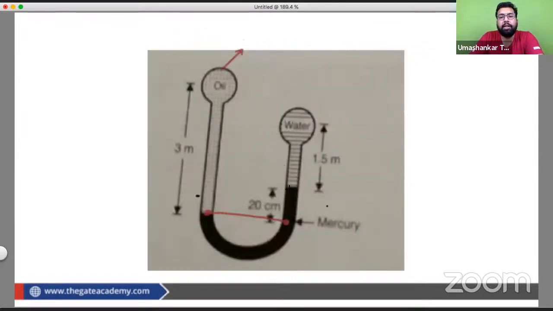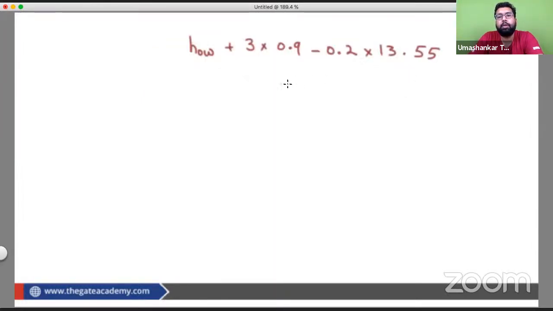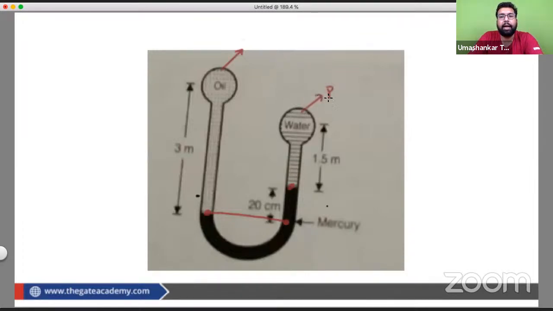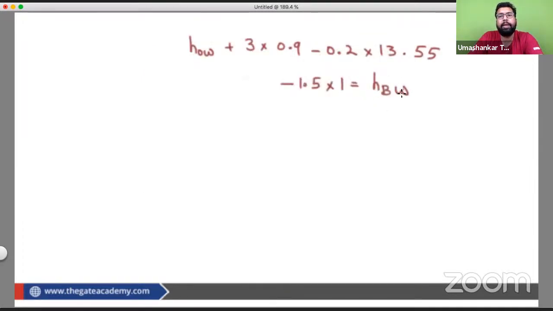Okay, so we reach this point. Now we are moving upwards in water by a distance of 1.5, so we shall subtract: minus 1.5 in water. Let's call this point B, so we are getting H_BW. Now from here we can find H_OW minus H_BW.